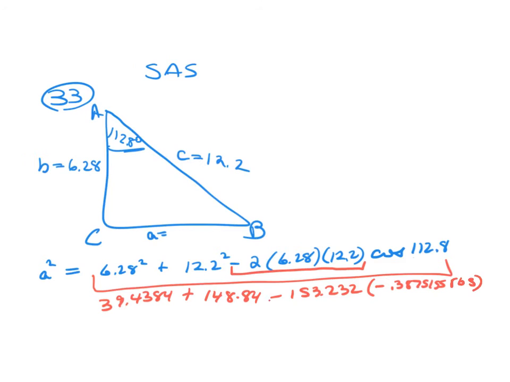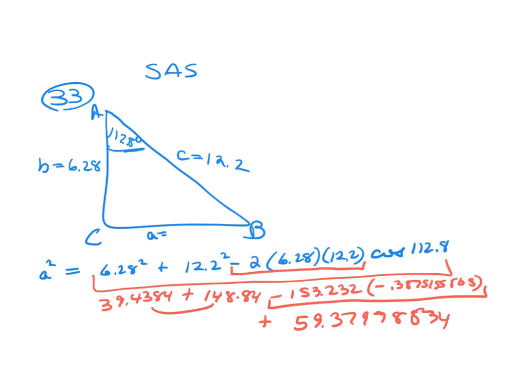I need to multiply these two. And this gives me 59.37978834. I need to add these two, and then I can combine those.